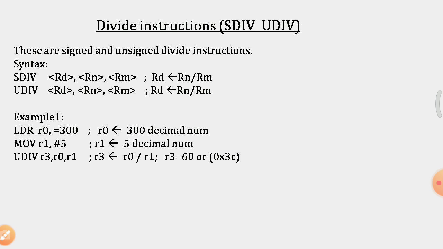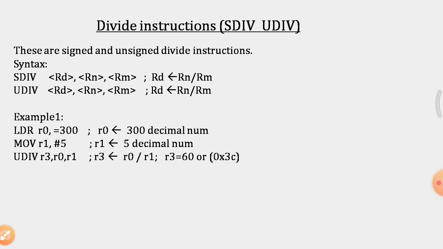So for example, LDR R0 comma equal to 300. So here we have loaded a 300 decimal number into R0. Then MOV R1 comma hash 5. The 5 decimal number is loaded into R1.